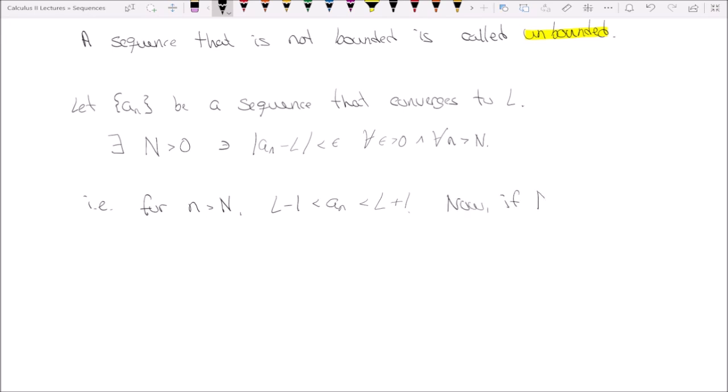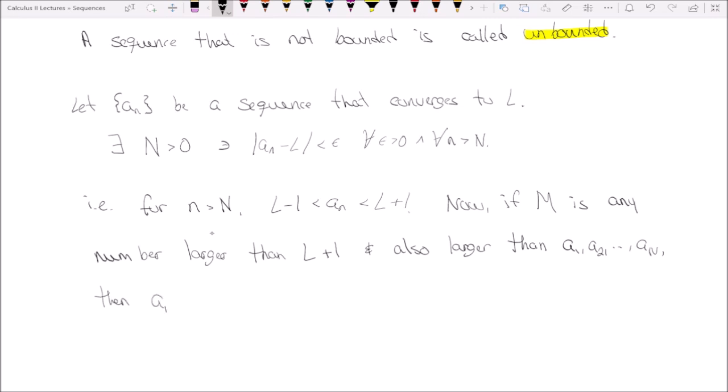Now, if capital M is any number larger than L, no, I'm sorry, larger than L plus 1, and also larger than the numbers a 1, a 2 through a sub capital N, then we know that a sub n is going to be less than big M for all little n.